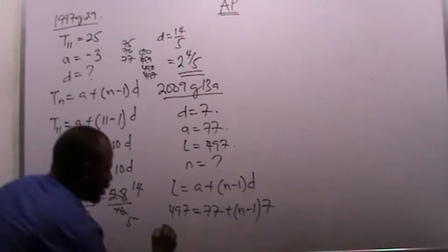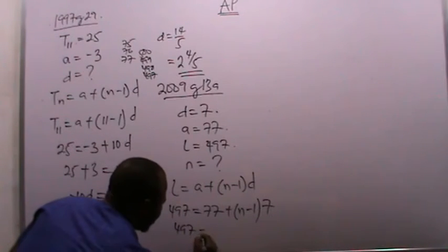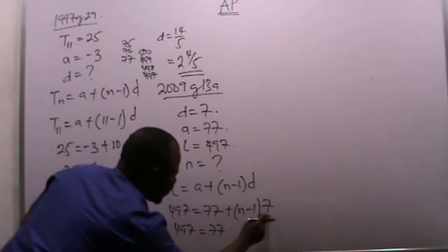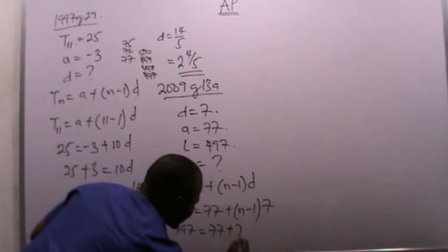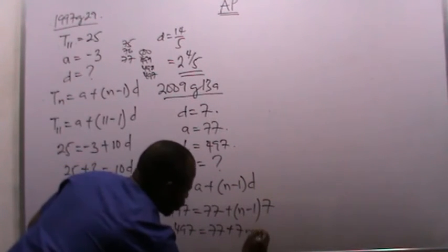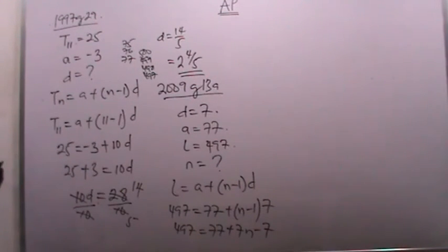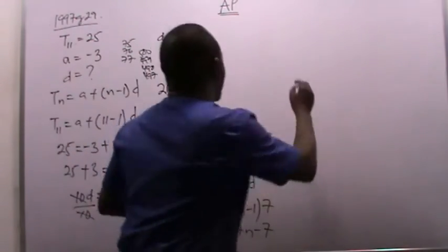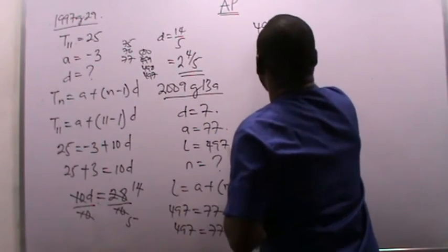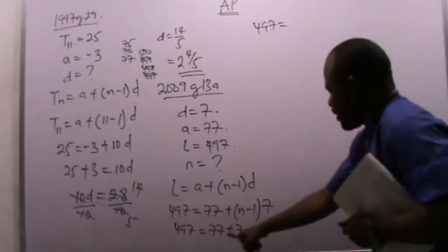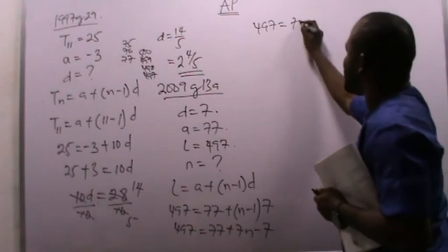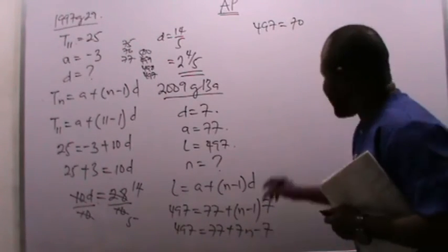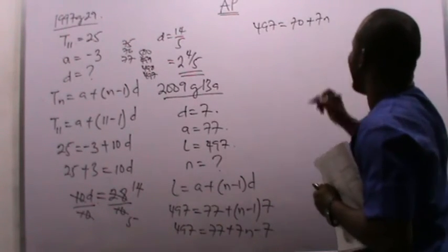So what do we do? Let's open the bracket. 497 equals 77 plus 7 times n, 7n, 7 times minus 1, minus 7. So 77 minus 7, we have 497 equals 70 plus 7n.